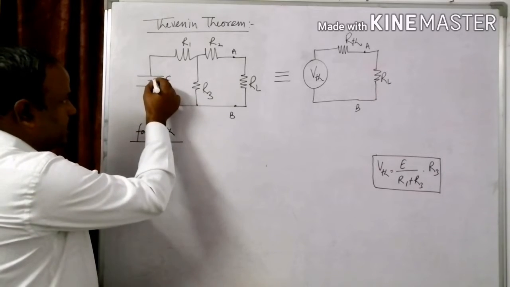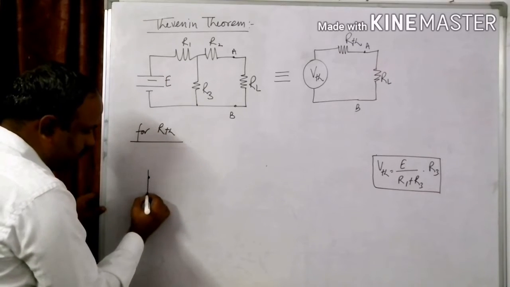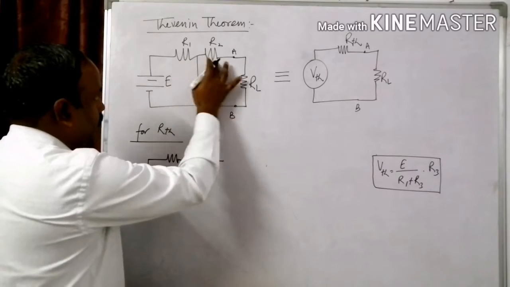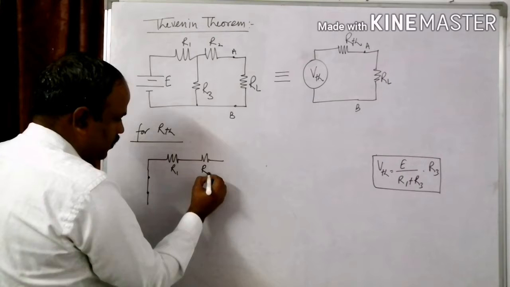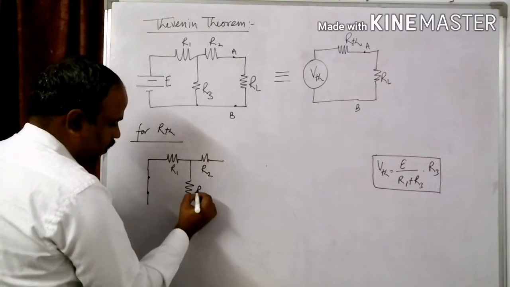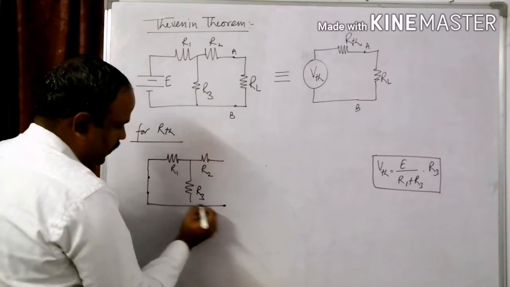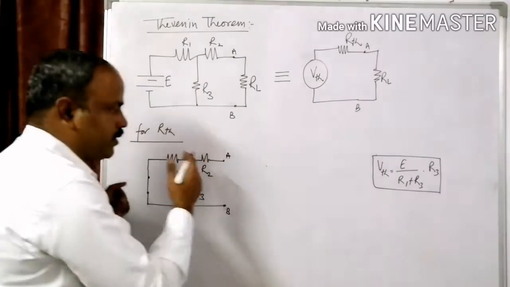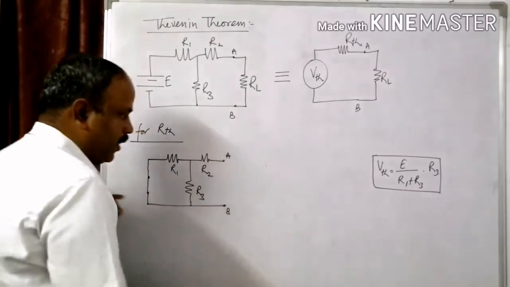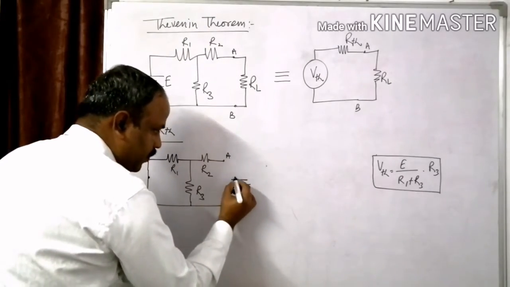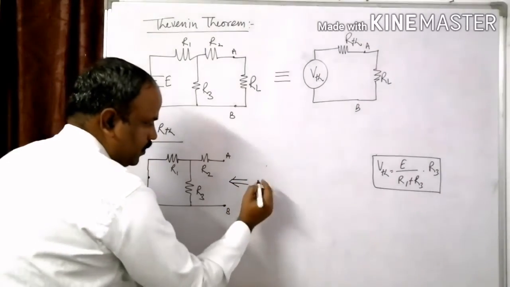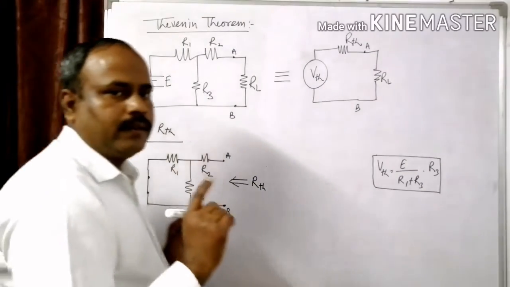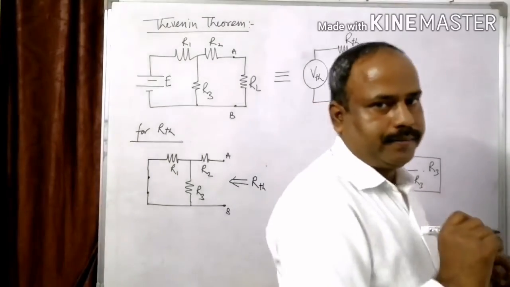Here is a voltage source, that's why it is short circuited. Now the resistances are R1, R2, and the third resistance R3, and these are points A and B, with the load removed. And we are going to view it from the load side. Whatever the equivalent resistance between these two points is known as the Thevenin equivalent resistor.